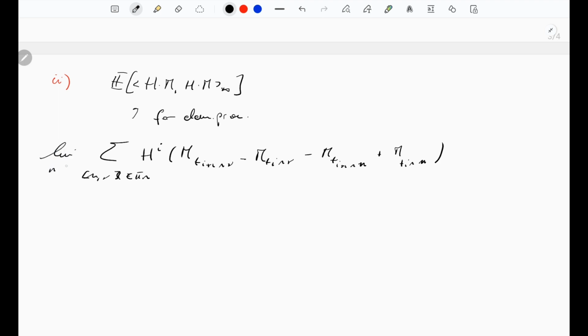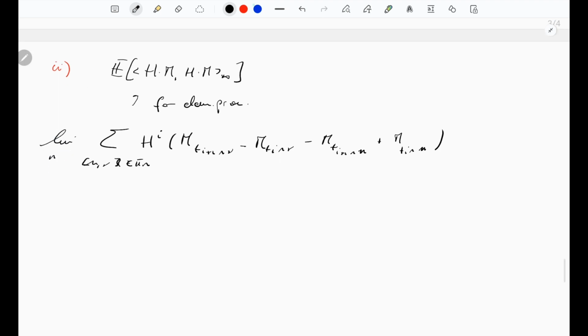Okay, you can write that. These are the Riemann sums, and that's the definition of the quadratic variation, right? If you remember. So this would be the quadratic variation up to time t. We're not talking about the limit yet.